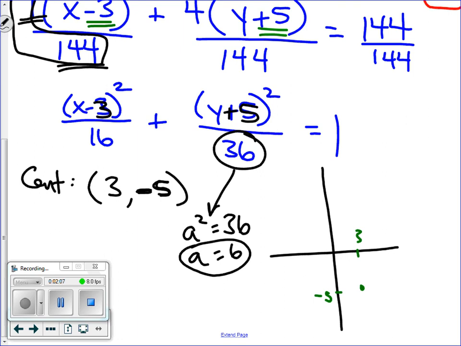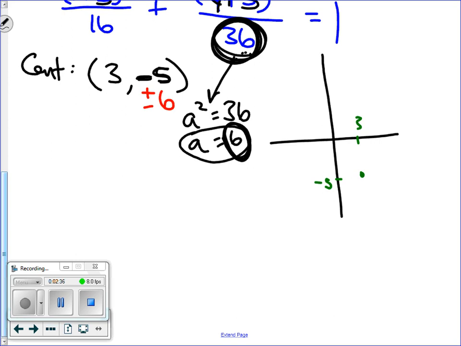Because the bigger denominator is under the y term, that means my major axis is vertical, which means the endpoints of the major axis are 6 units above and below the center. So I'm going to do plus or minus 6 from the y coordinate. That's going to move my vertices up and down.